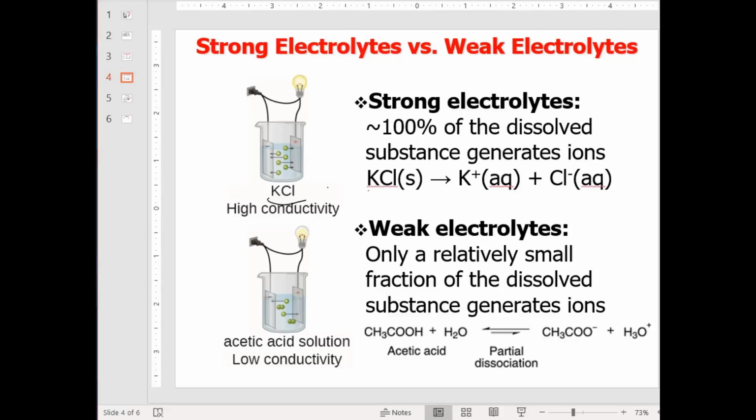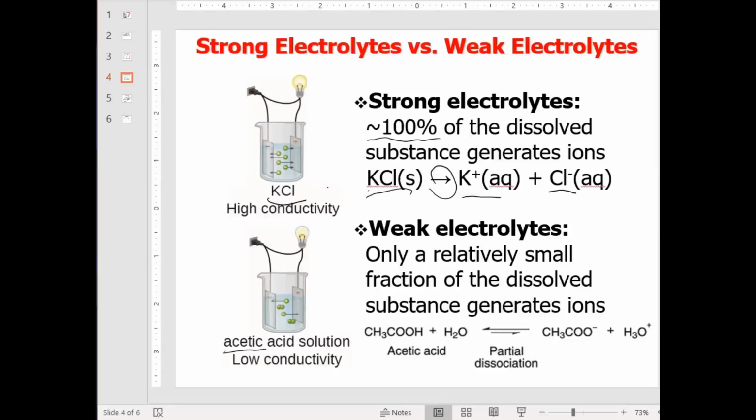The reason is because when dissolved in water, 100% or nearly 100% of the dissolved potassium chloride can dissociate to form potassium ions and chloride ions. This single direction arrow means this dissociation reaction can proceed 100% or nearly 100%.